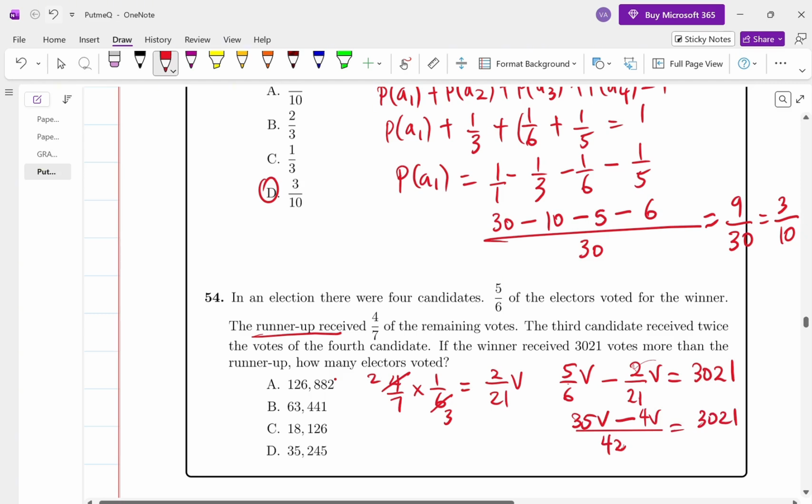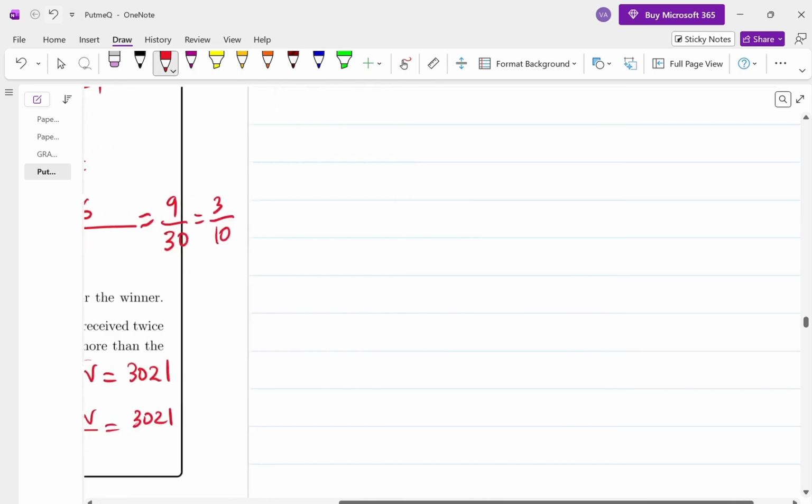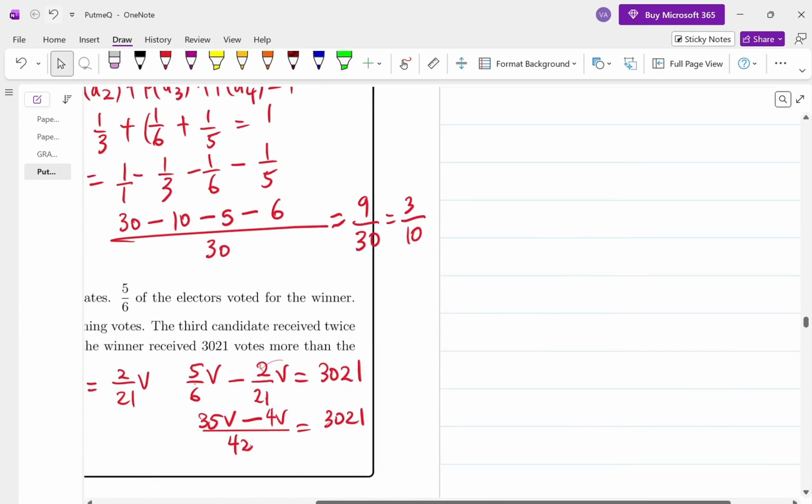Okay. So there are some little lags. I don't know why it's lagging. So this would be 31V divided by 42 equal 3,021. So we could cross multiply. We could multiply by the 42.